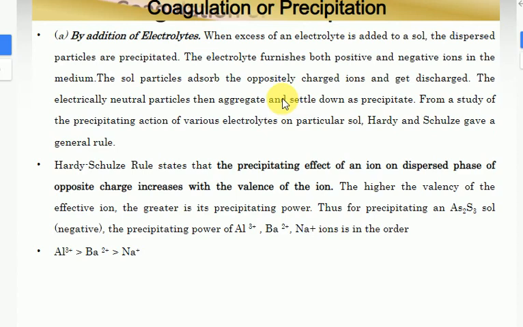This is given by the Hardy-Schulze rule, which states the precipitating effect: as the charge on the cation increases, it easily precipitates the colloidal particles.